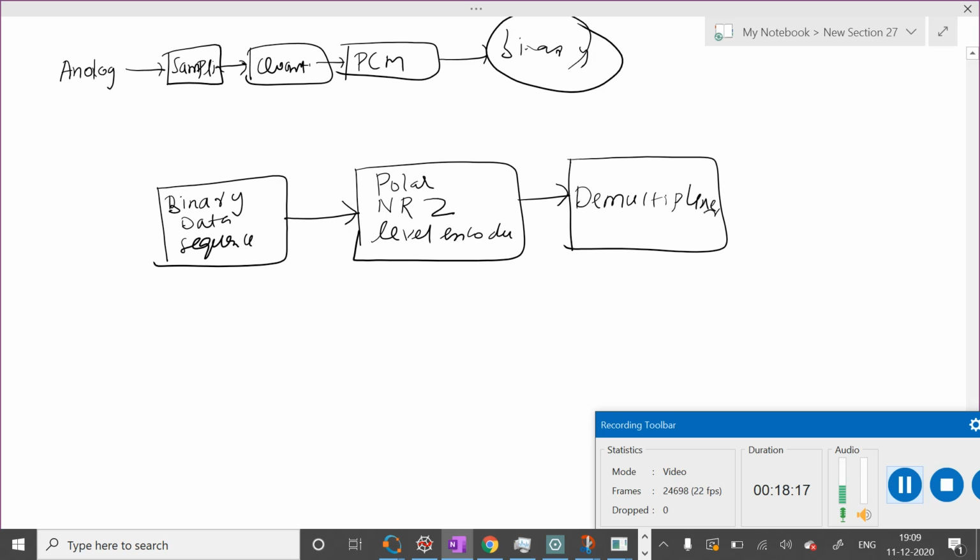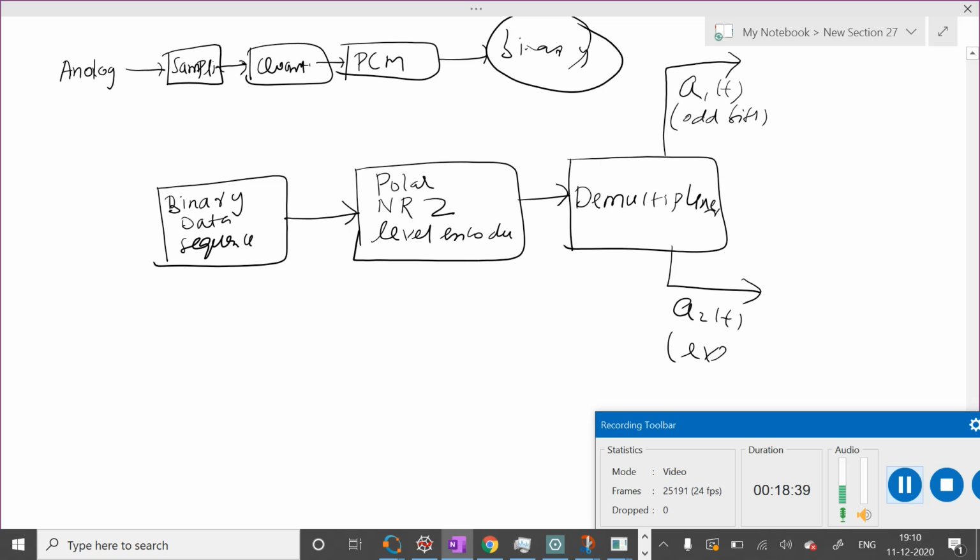What will the demultiplexer do? It will divide the incoming bits or incoming signal into two parts. So here we need two parts. One I will represent by A1 of t. This is the odd bits part, and the other I will represent by A2 of t.